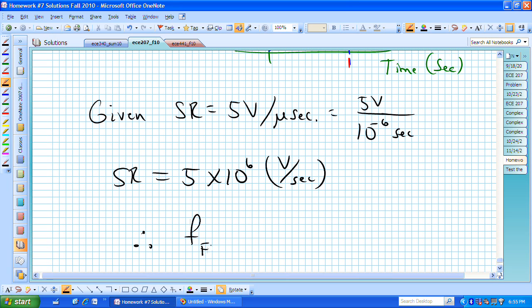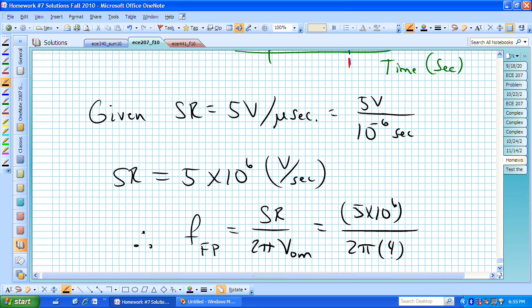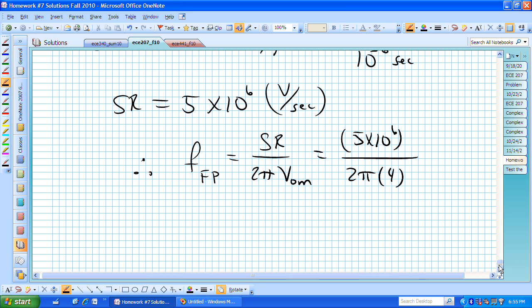The full power frequency is then SR over 2 pi V sub OM. SR is 5 times 10 to the 6, 2 pi, and V sub OM, because of our supply voltages, is 4, and so our full power frequency is basically 5 over 8 pi times 10 to the 6th.